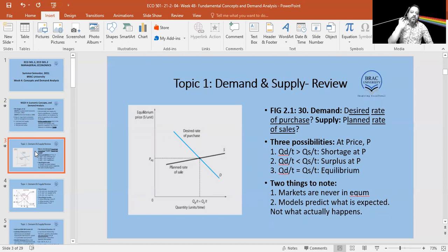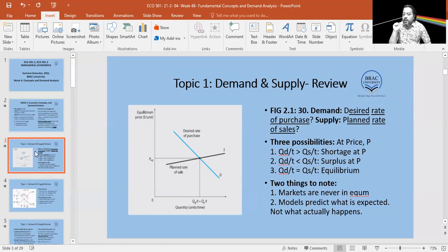They think, okay, we're going to do this amount of buying for this month. Then they make the purchase. The firms act similarly. They see the market price and they decide, okay, in the next time period, we're going to produce this amount of units of the product.